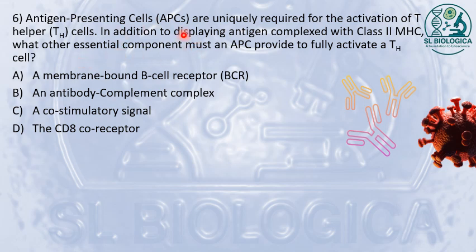It is asking what additional requirement there should be for T helper cell activation in addition to the presentation by the class 2 MHC molecule. Is the question clear now? Okay, the choices are: option A, a membrane-bound B cell receptor; option B, an antibody complement complex; option C, a co-stimulatory signal; option D, the CD8 co-receptor.